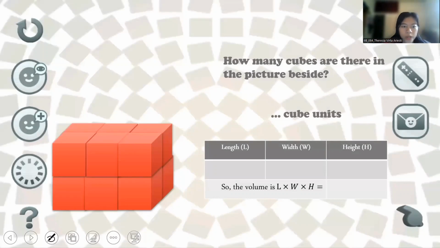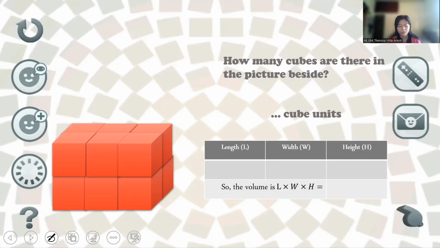The next slide, we have an arrangement of cubes that forms a cuboid. So how many cubes are there? How can we count how many cubes form the cuboid?